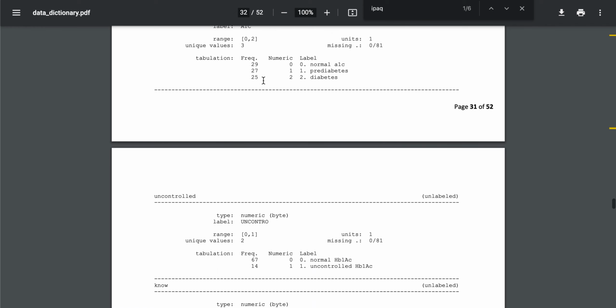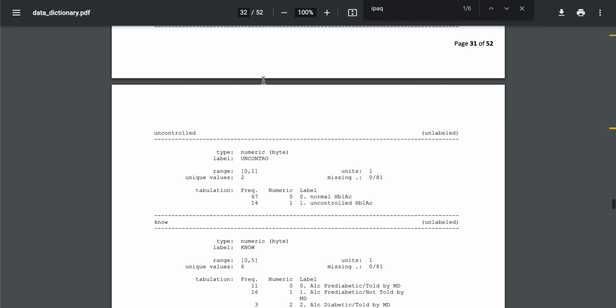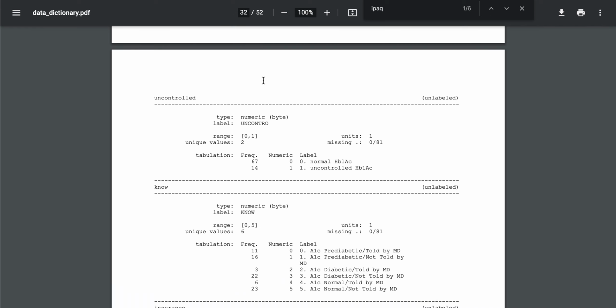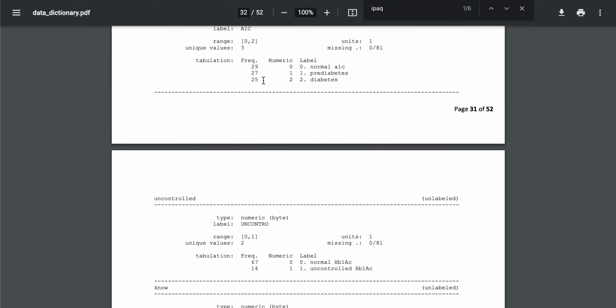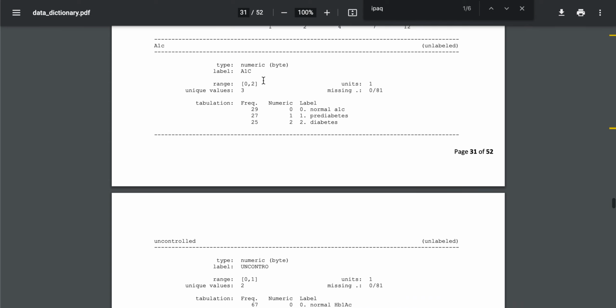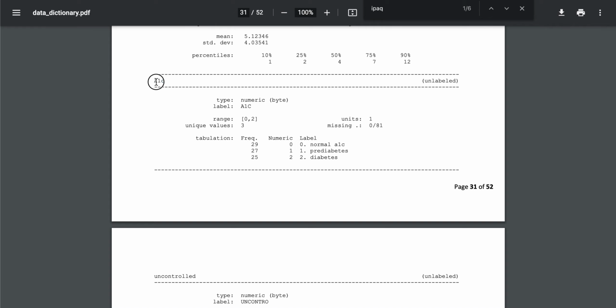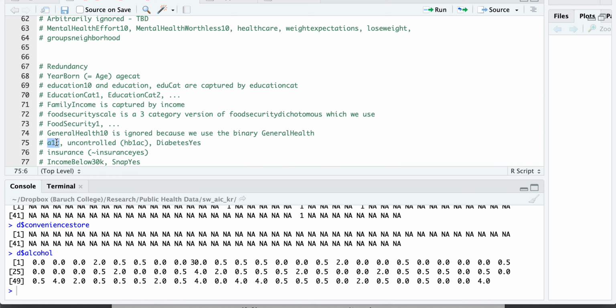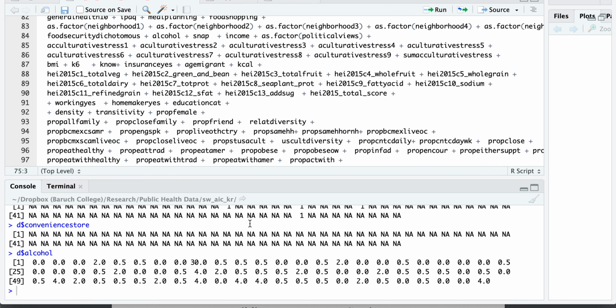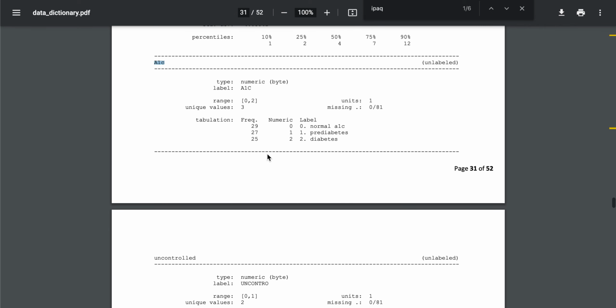So these two are more or less saying the same thing, and not exactly actually. Let's keep A1C actually. Let's see what we get. The problem is that here's the thing.